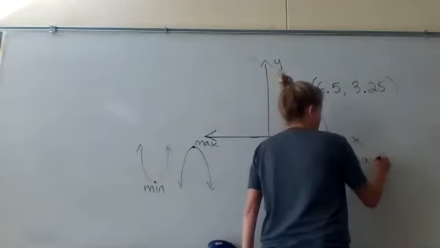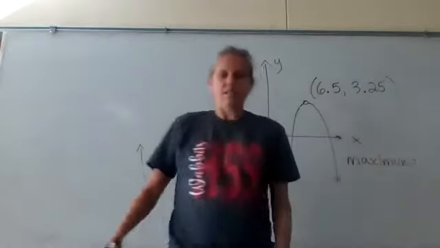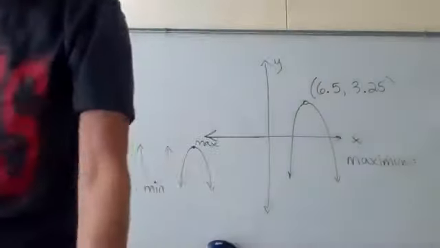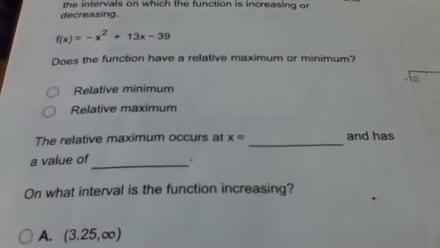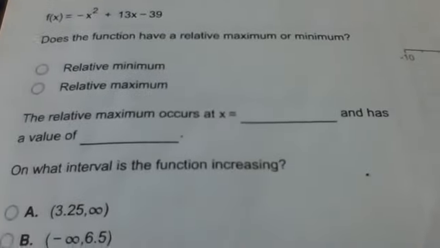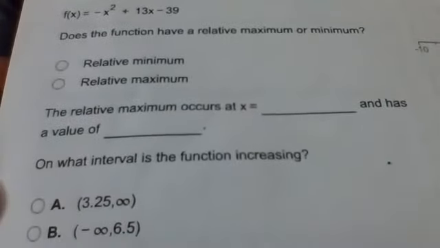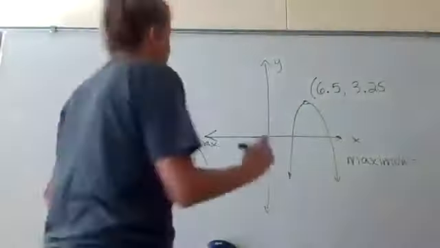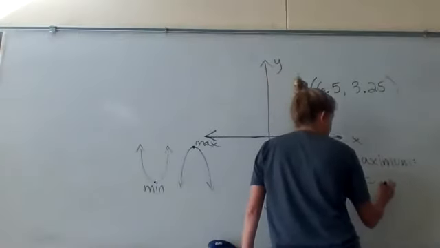Then it's going to ask you about the maximum. And if you look, it kind of gives you a clue what goes where. It says the relative maximum occurs at x equals blank and has a value of blank. So it has two parts that you're going to fill in.